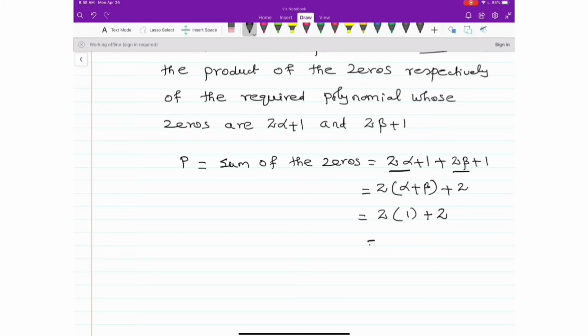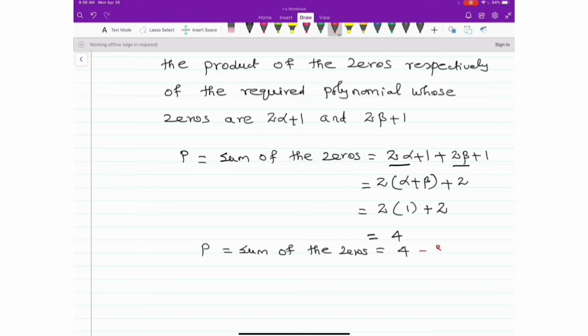This will give me 4. So, I am getting P is equal to sum of zeros. Sum of the zeros is equal to 4. Let me name this particular result as 3.